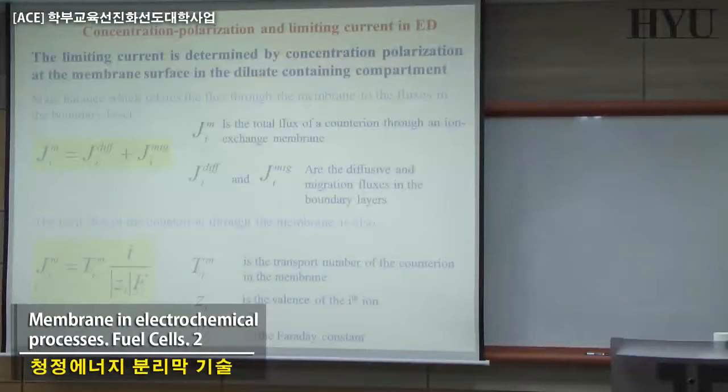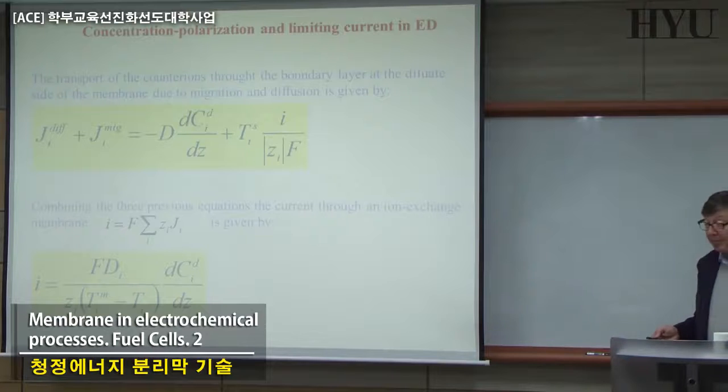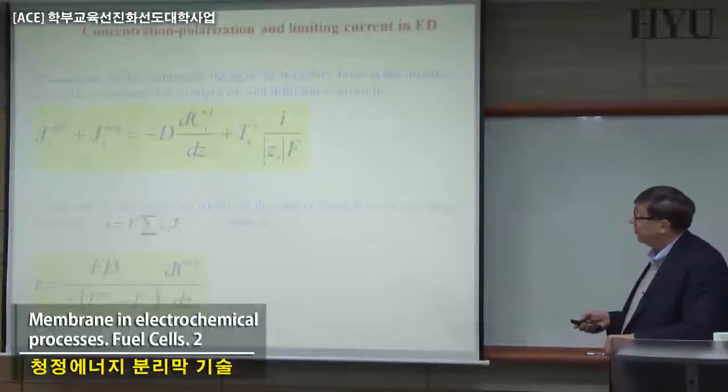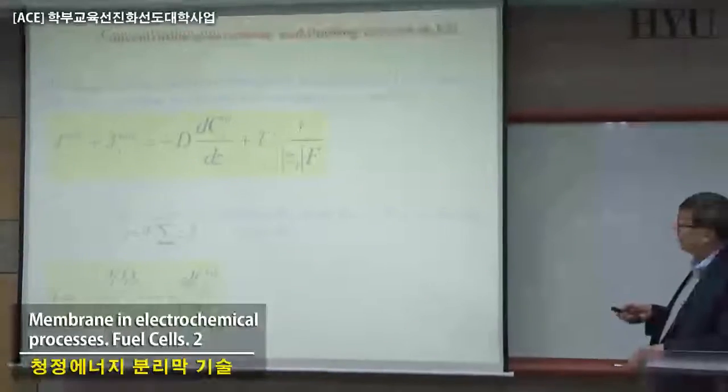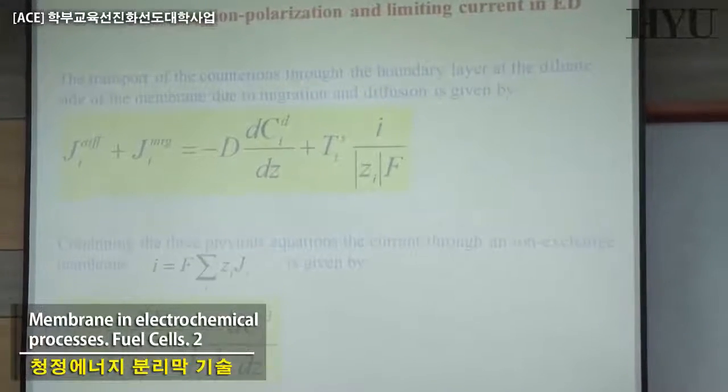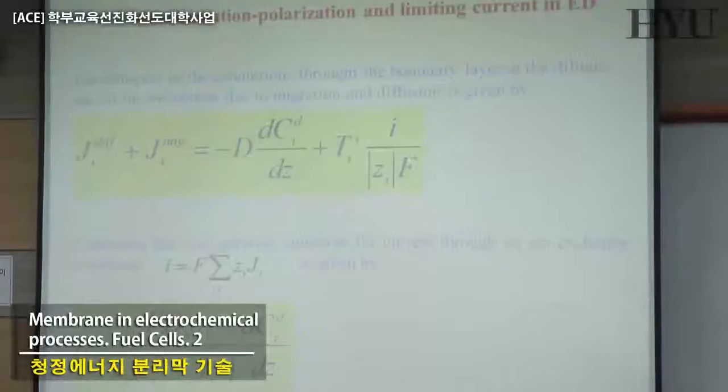If this can happen in the situation we have been describing, the transport of the counter ions through the boundary layer will be given by this kind of expression, where the diffusive and the migration terms are given by the gradient in the concentration multiplied by the diffusivity, plus the amount of current related to the ions that we are considering.